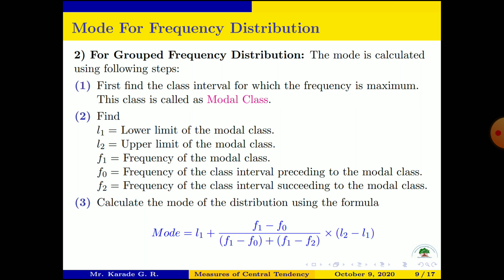The formula is: mode is equal to L1 plus (F1 minus F0) divided by (F1 minus F0) plus (F1 minus F2), into (L2 minus L1). Once again I am reading this formula. How to read this formula?